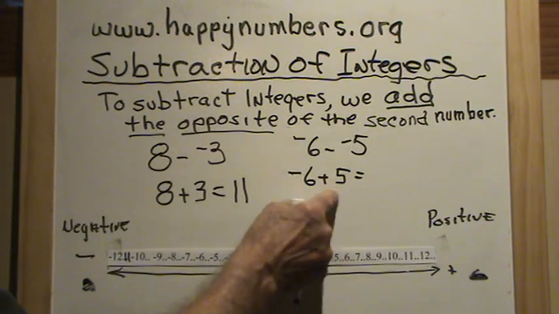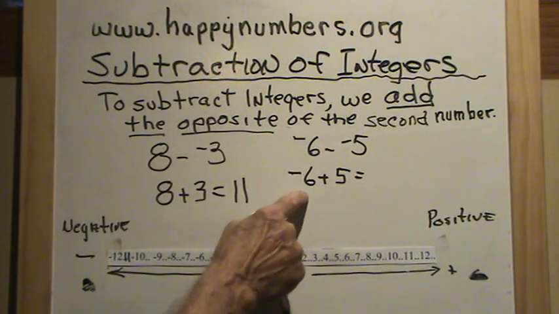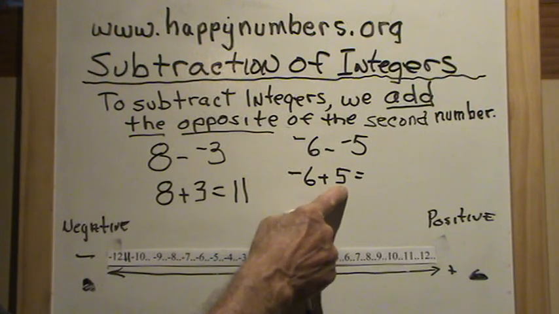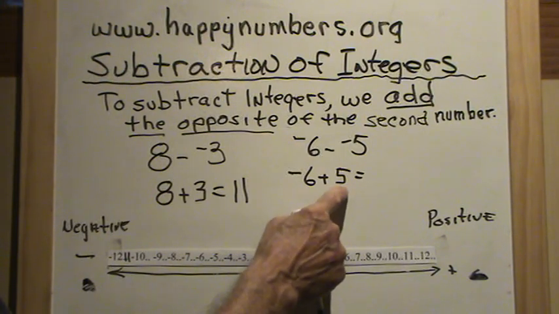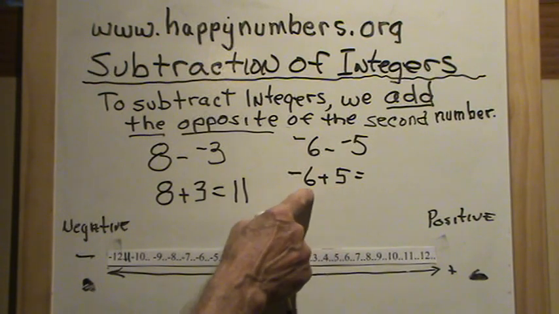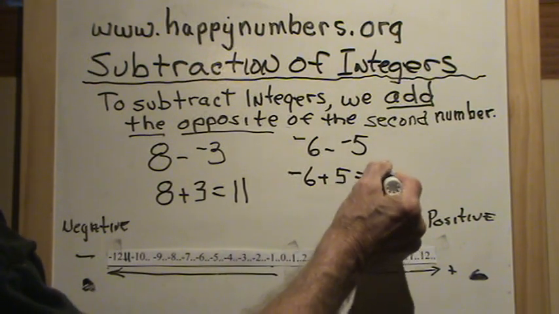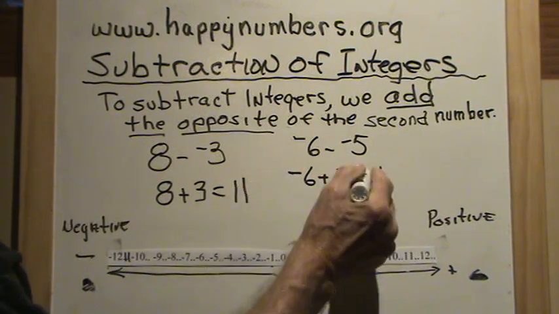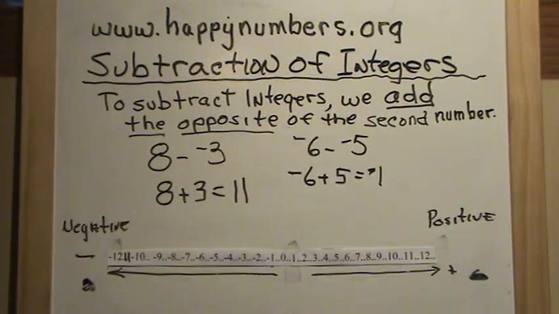Now I'm adding two signed numbers whose signs are different. This is a negative and this is a positive. So I forget the signs. I take the smaller number away from the larger number. So if I take 5 away from 6, I have 1 left over, and I use the sign of the larger number. So negative 1.